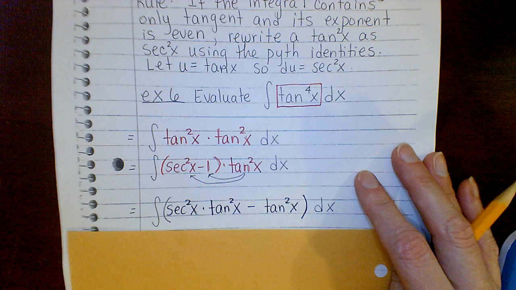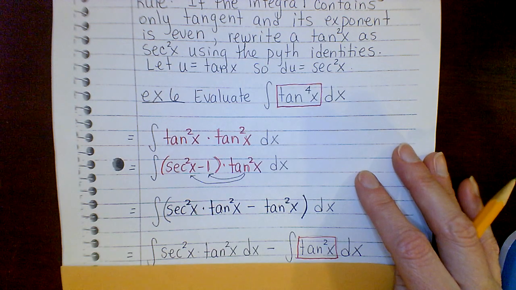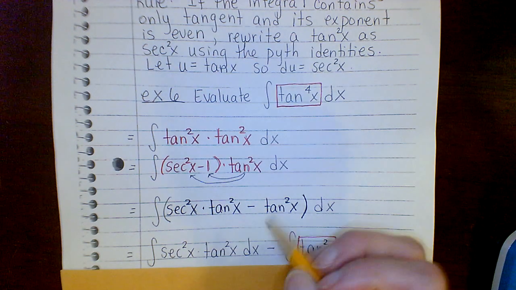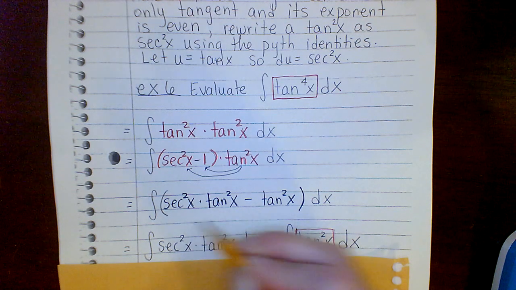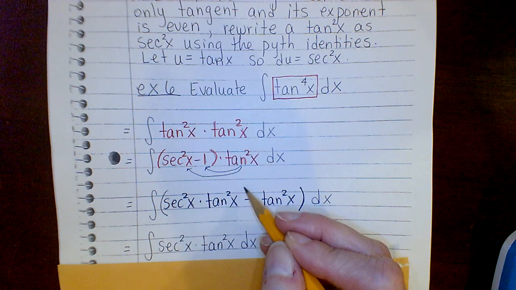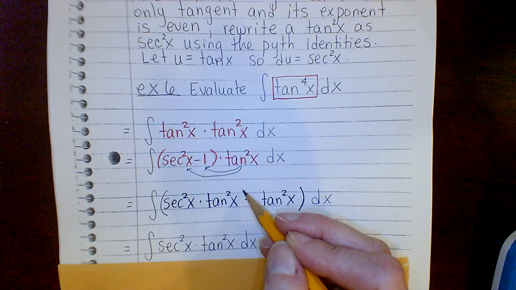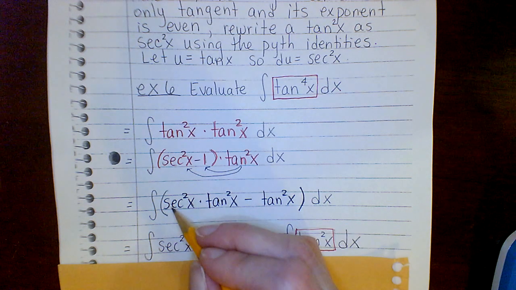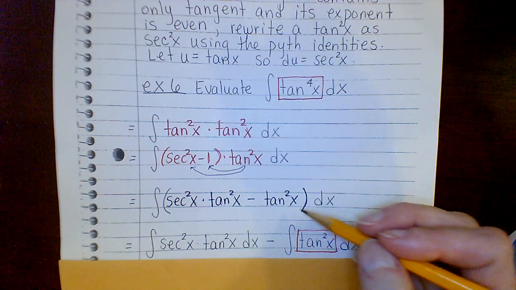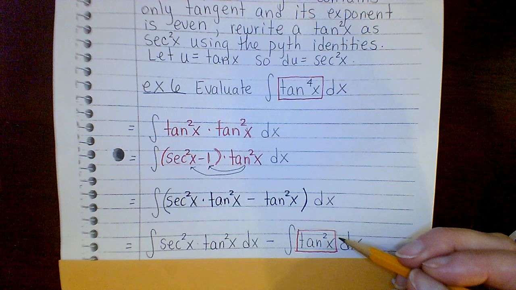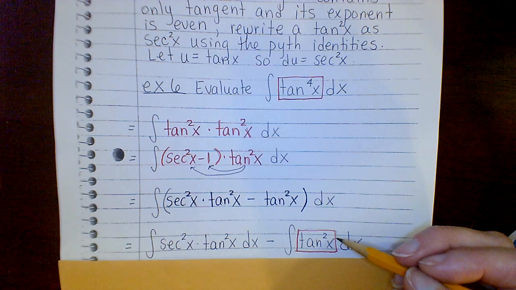Okay. Now, here's the nice thing that comes out of that. This integral over here is actually quite nice, because I can let u be tangent, and then there's my du, secant squared. Over here, I got a tangent squared. What am I supposed to do with that?